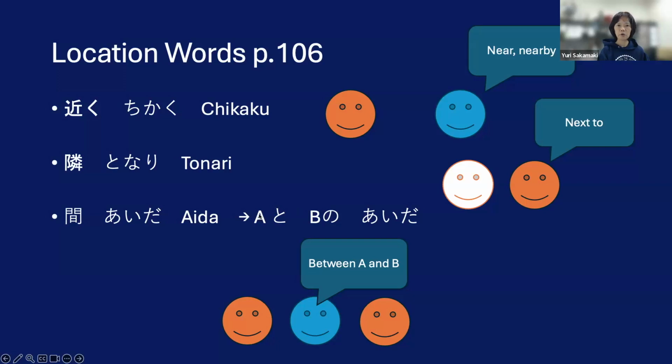Not adjectives or verbs, but just nouns. So names of things and places and people. And then you can say A と B. And then we're going to use の, as in you are explaining what kind of between. So this will be how to say between A and B: A と B の間.